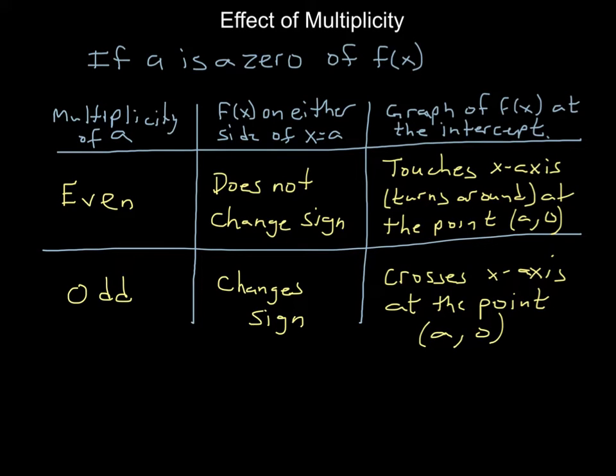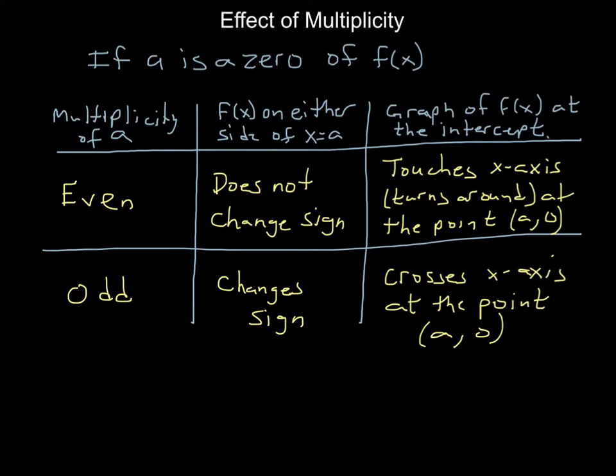Why worry about multiplicity? Well, the multiplicity of a 0 has an effect on how the graph of a polynomial looks. First up, if we know a is a 0 of f of x, it could have a multiplicity of 1, or it could be higher than 1.